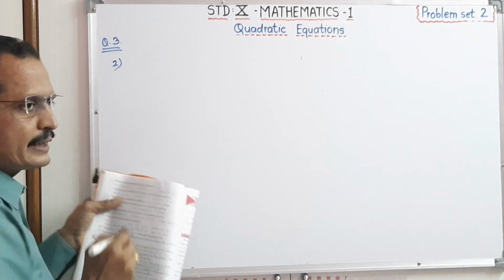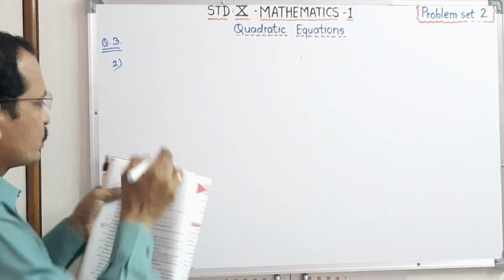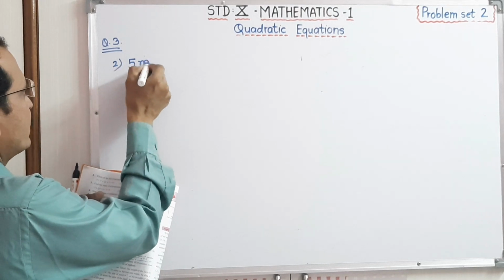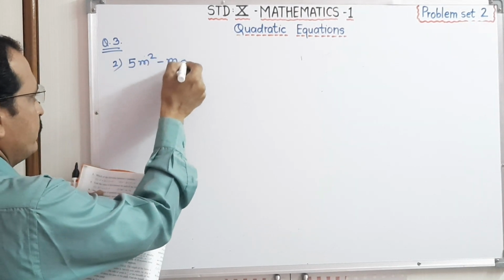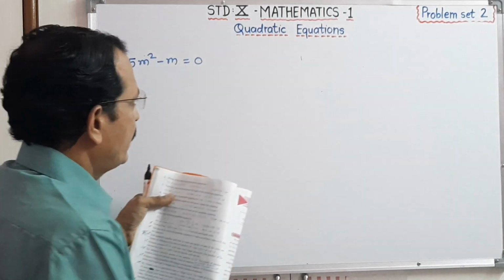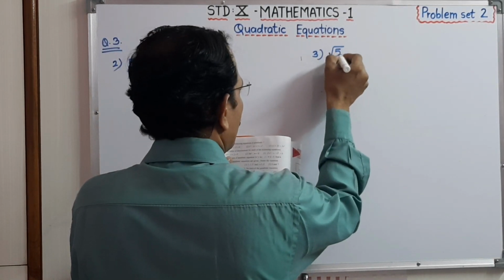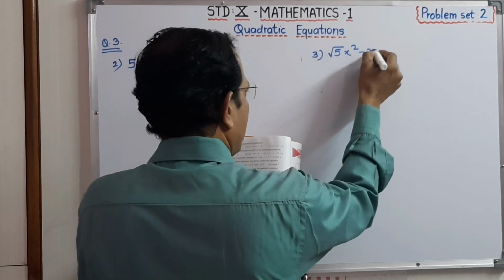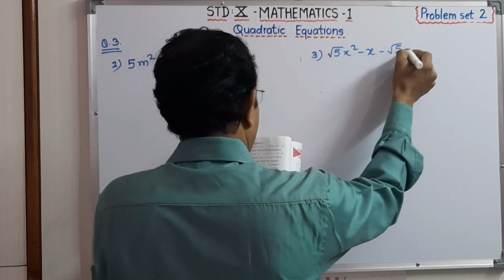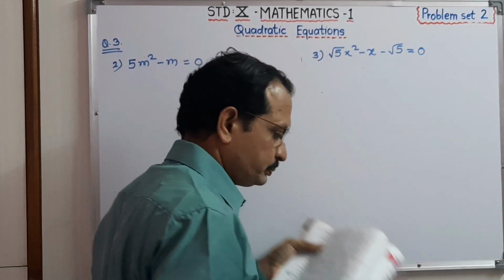I start with the second one. The first one you have to solve. 5m square minus m is equal to 0, and the third one is root 5 x square minus x minus root 5 equal to 0.